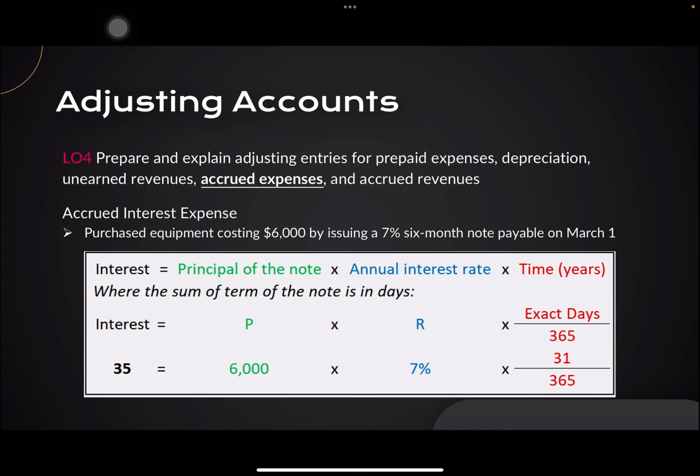It says here, we purchased equipment costing $6,000 by issuing a 7% 6-month note payable on March 1. So again, prior to journalizing, what we need to do is perform the first step in the accounting cycle, which is to analyze the transaction.